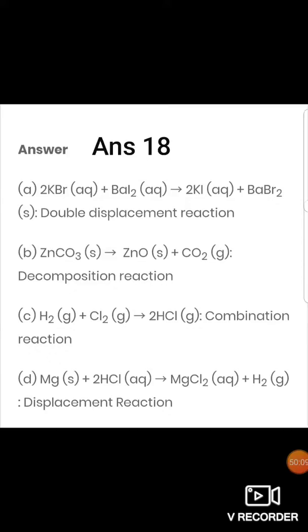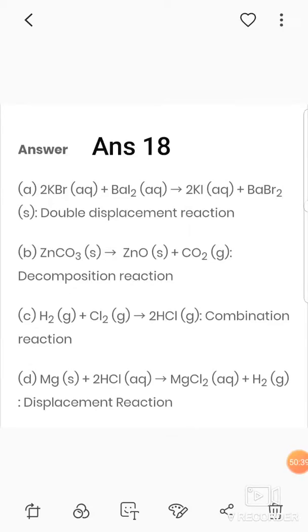In a single displacement reaction, only the most reactive element acts on the weaker, less reactive element, but in double displacement, two elements are displaced and their positions are exchanged. So exchanging the places of the elements is a double displacement reaction. Both the elements are exchanged with each other.